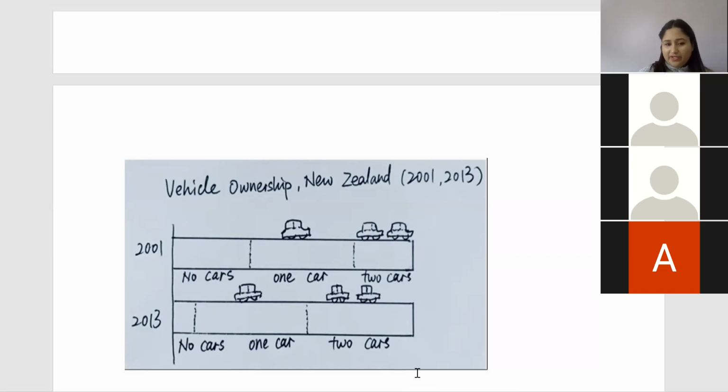So basically, these are the two bars quoting the year 2001 and 2013. And the data is calculated in numbers. Like 0 means no car, 1 means one car, and 2 means two cars. So it's another way of representing a bar graph. So everything is on there. Now use the statistical one, or maybe a mixture of both, and prepare an answer.